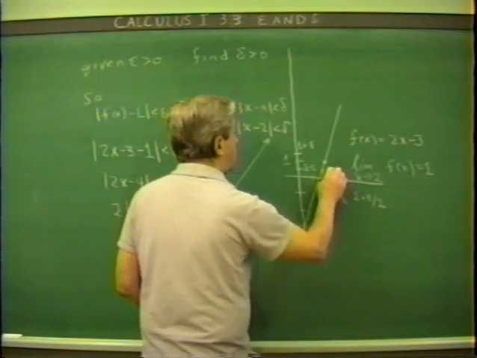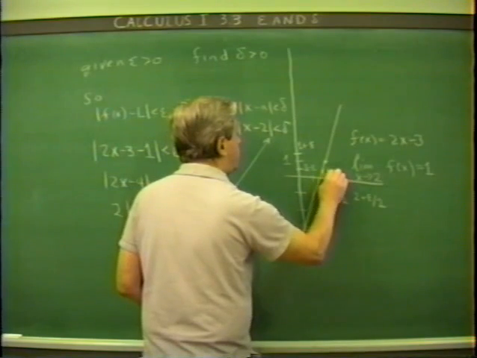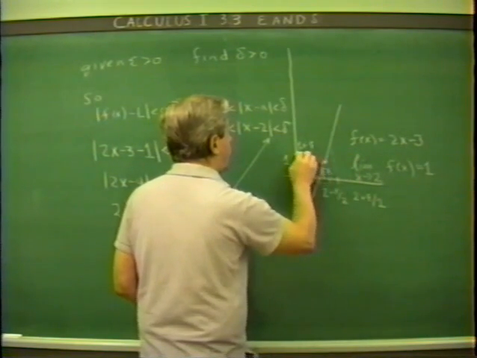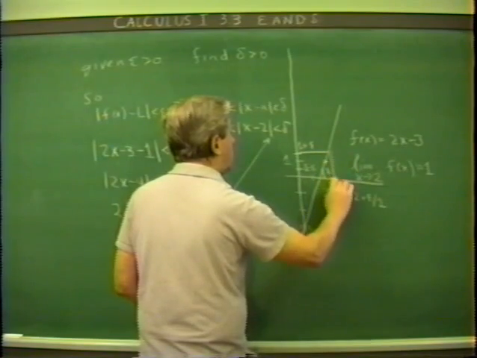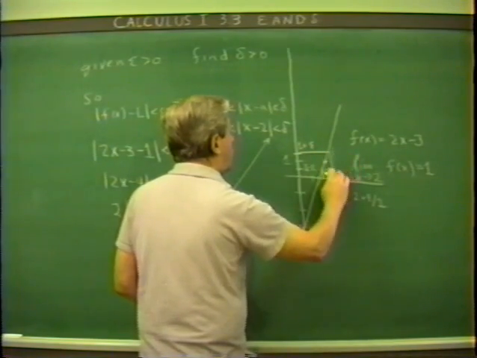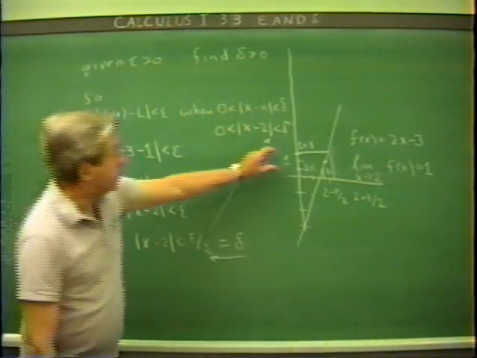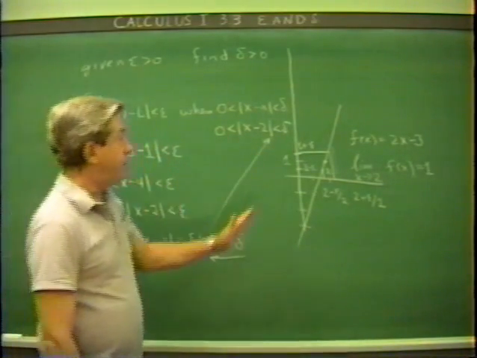What do we need to do? Given epsilon greater than 0, we need to find a delta so that the absolute value of x minus a is less than delta, whenever 0 is less than the absolute value of x minus a, and this gives what we want.